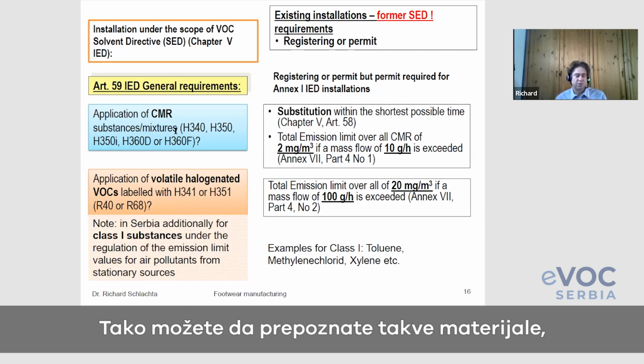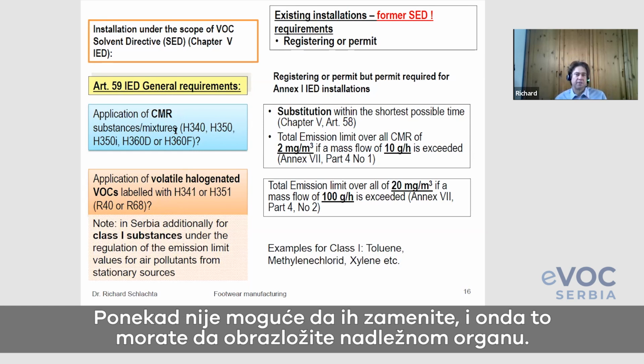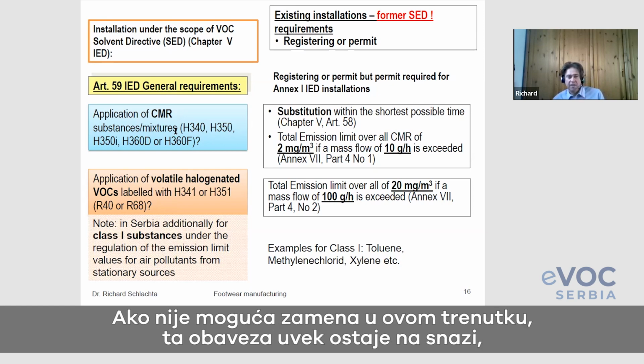So that's a way where you can recognize those materials. And if you have such, you should try to substitute them as soon as possible, in other words, in the shortest possible time. But sometimes it's not possible to substitute it, so you have to justify this to your competent authority.